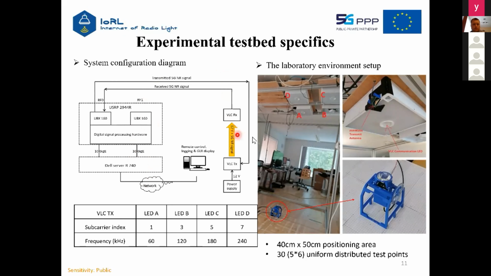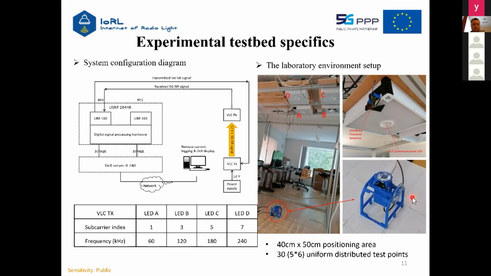The measurements were set up in a practical laboratory environment. As you can see on the right side, there are 4 commercial LEDs installed on the ceiling to broadcast the 5G visible light communication positioning data.